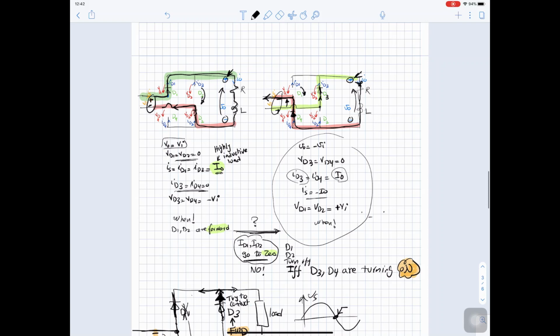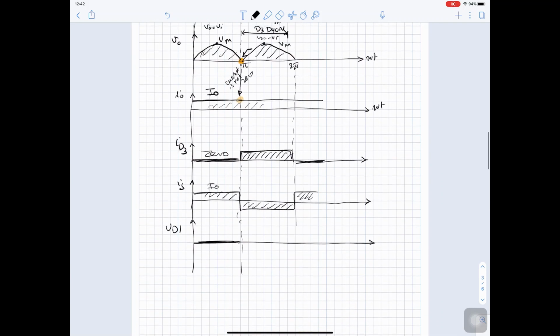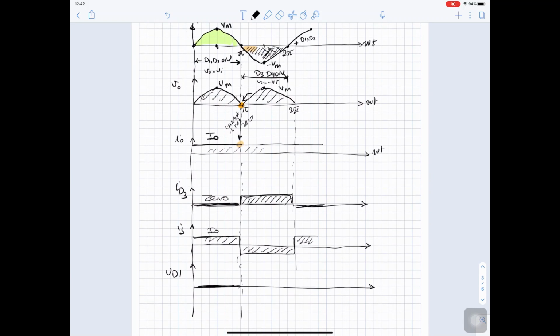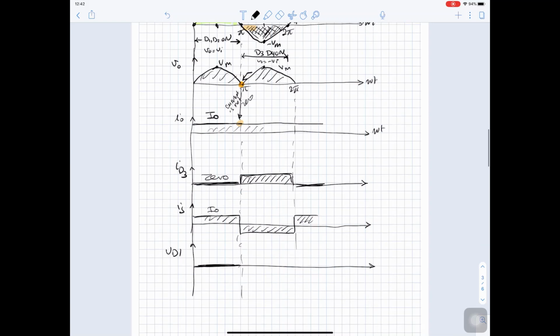V diode 1 is positive Vn, so V diode 1 is the same waveform as Vn. So I will sketch the same waveform here as Vn. So the voltage here is negative Vmax, and the peak inverse voltage is Vmax. So as you can see, when diode 1 is on, its voltage is 0.